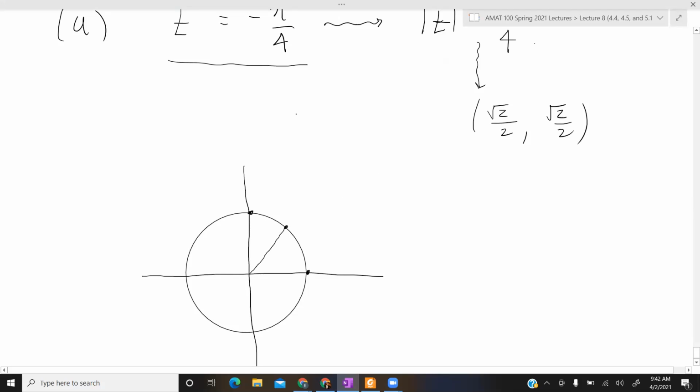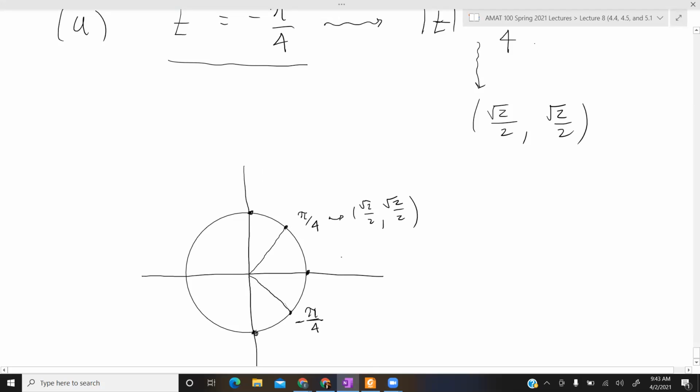The negative sign means you have to travel in the opposite way. So we should end up halfway in this quadrant too. This right here corresponds to traveling pi over 4, and that corresponds to the point root 2 over 2, root 2 over 2. If we travel in the opposite direction, we end up halfway between this point and the starting point.